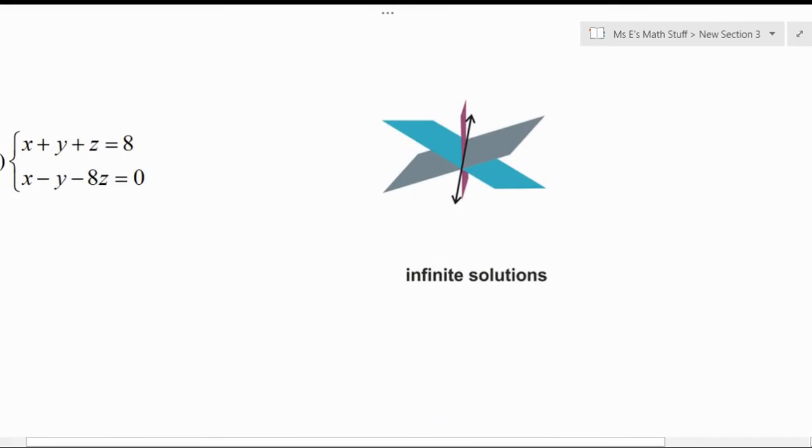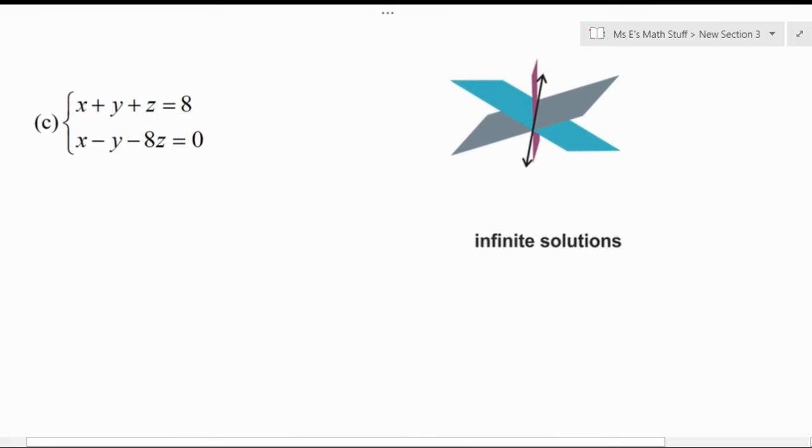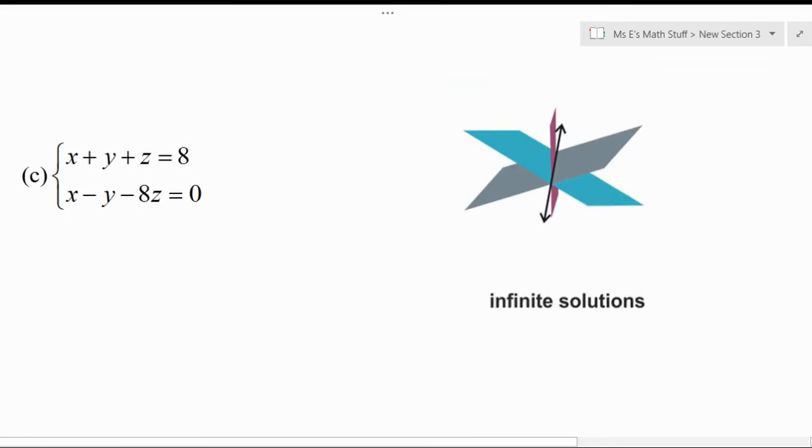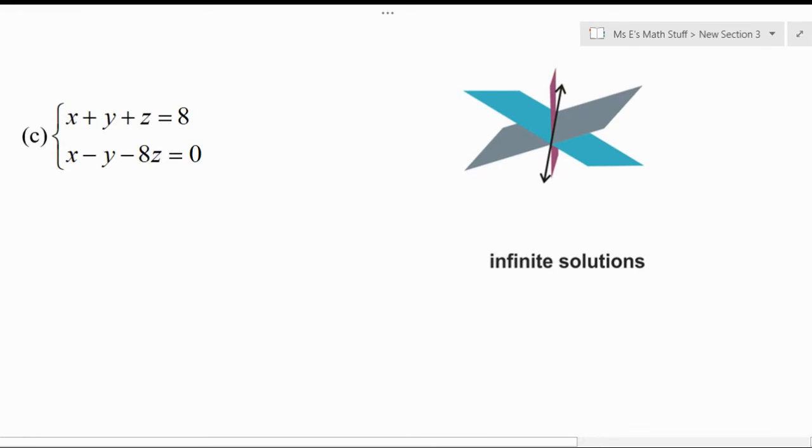Okay, let's move on to part C. And part C, I hope it makes sense. If you have 2, you can tell these are planes because they've got x, y, and z in them. And if you only have 2 planes, then really there are only 2 outcomes you could possibly have.